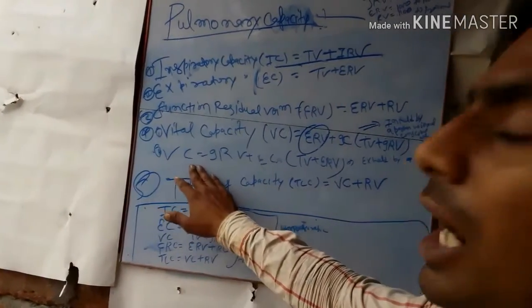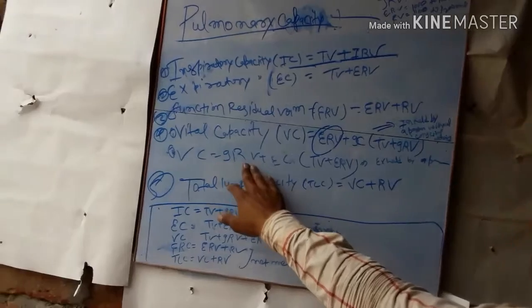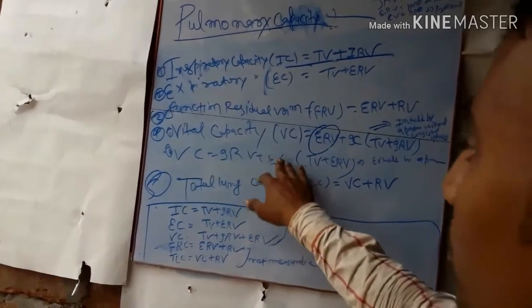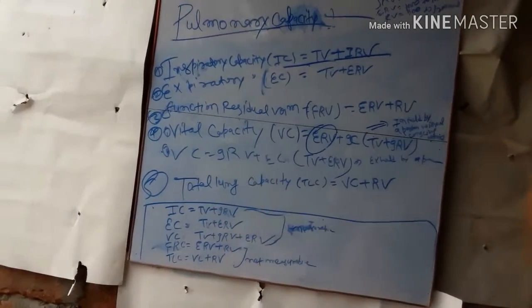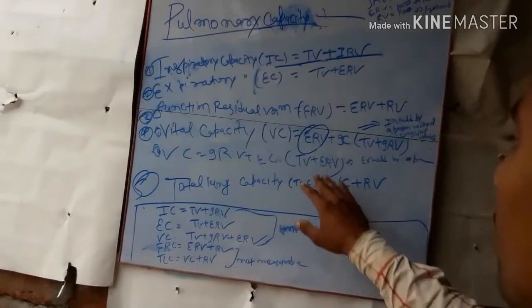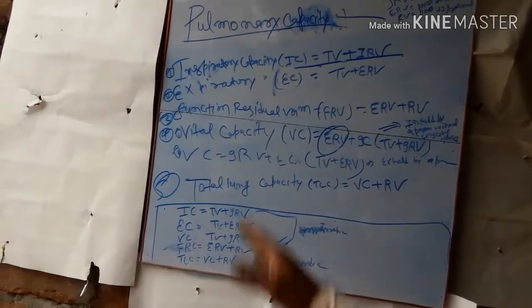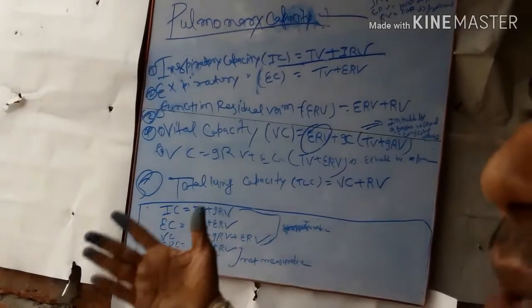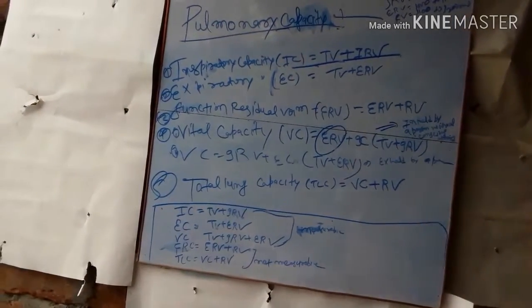The second vital capacity is inspiratory reserve volume plus expiratory capacity, and expiratory capacity is tidal volume plus expiratory reserve volume. This is exhaled by a person without conscious effort.